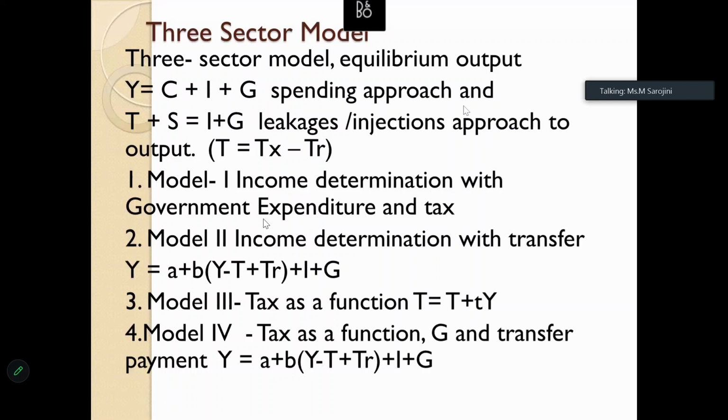The second is income determination with government expenses and taxes. The third is income determination with transfer payment. The fourth is tax as a function. And the fifth is tax as a function, government expenses, and transfer payment. Right? Now, let's move one by one.